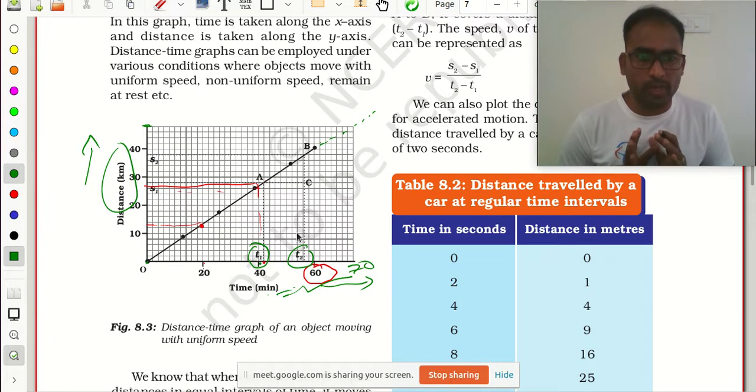That is what I need to find. My object is moving from 0, but I need to find what my speed will be at time t1 and at time t2. So from this graph, what can I do?